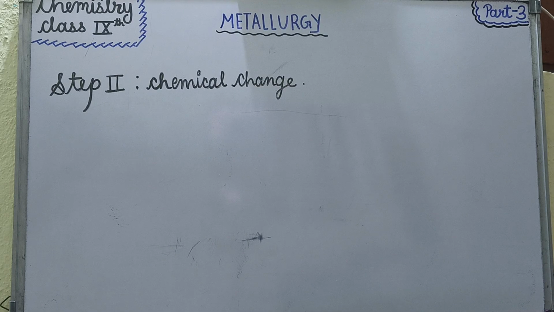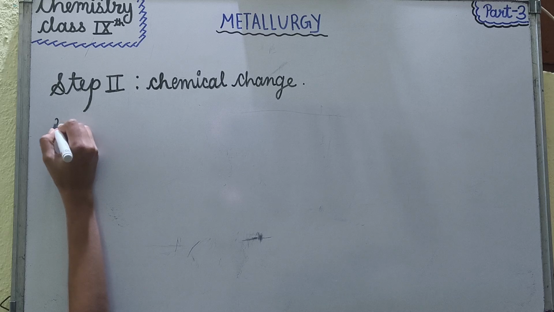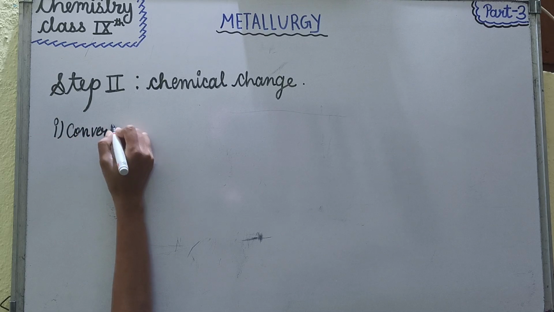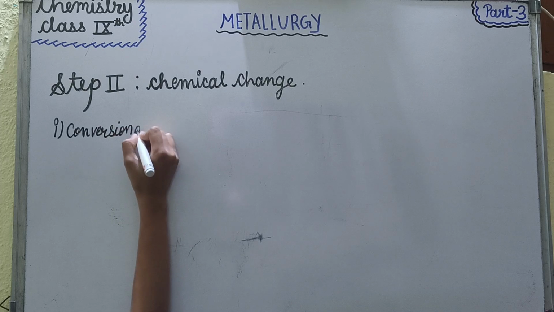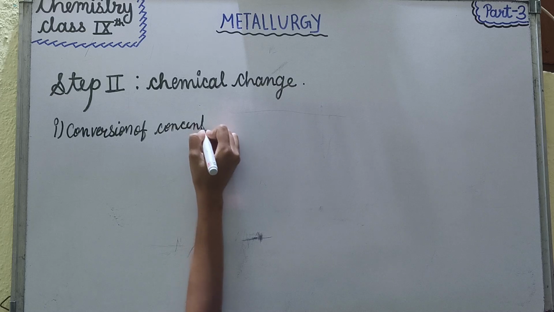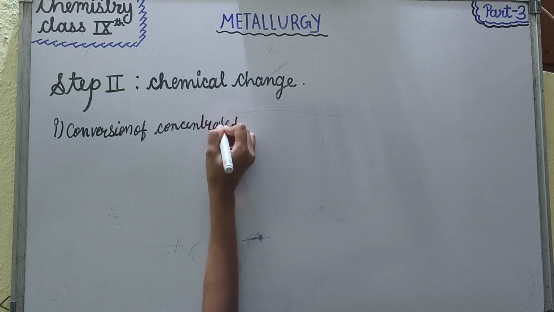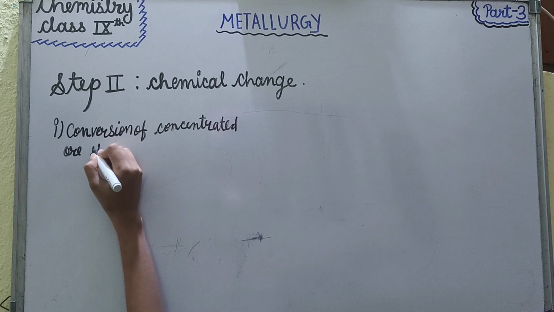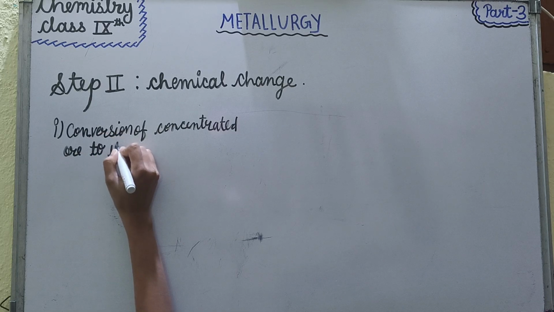During this process, chemical state of the ore is changed. It involves two processes. First one is conversion of concentrated ore to its oxide.